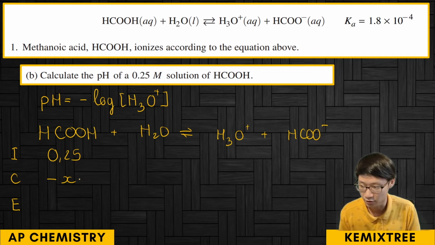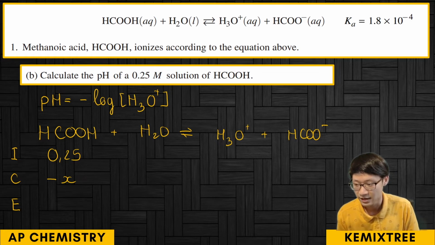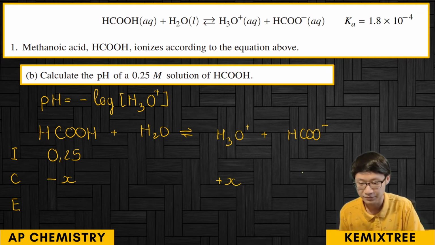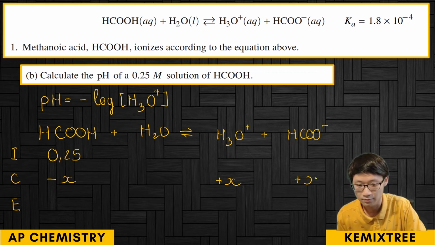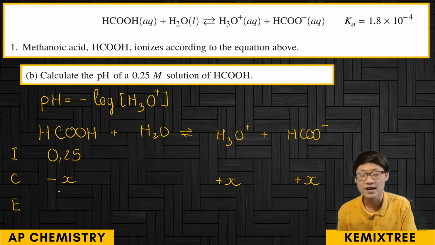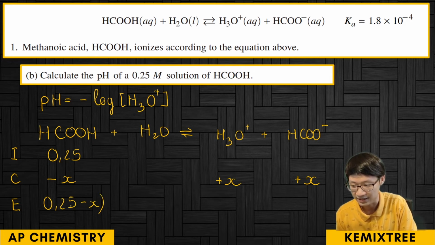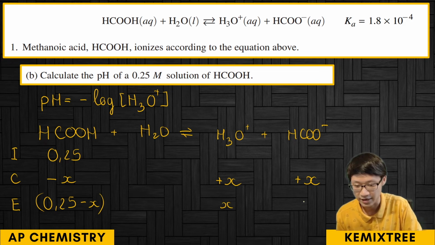During the reaction, the formic acid will decrease by X concentration, and we are going to create an equivalent amount of hydronium ion, and the same for formate ion. Finally, at the equilibrium state, we have 0.25 minus X, X here, and X for this position.